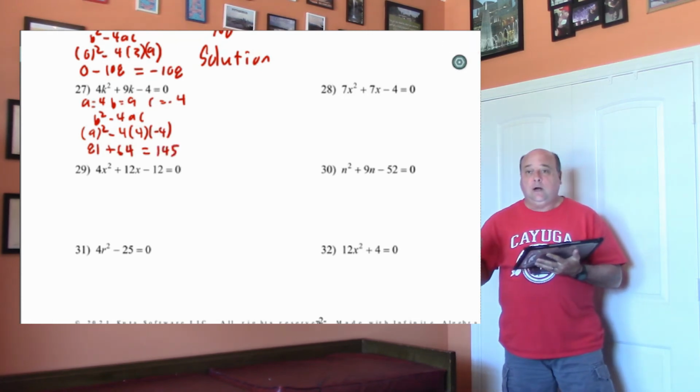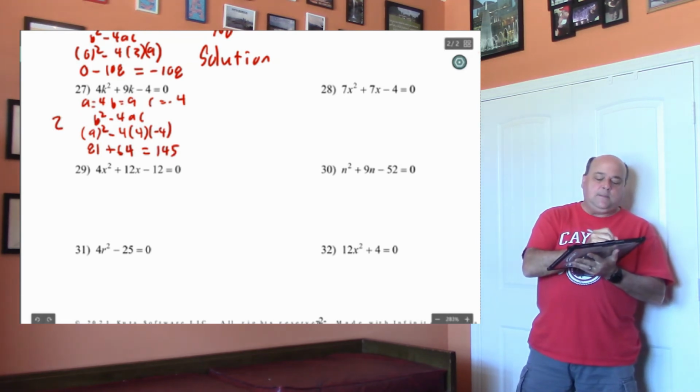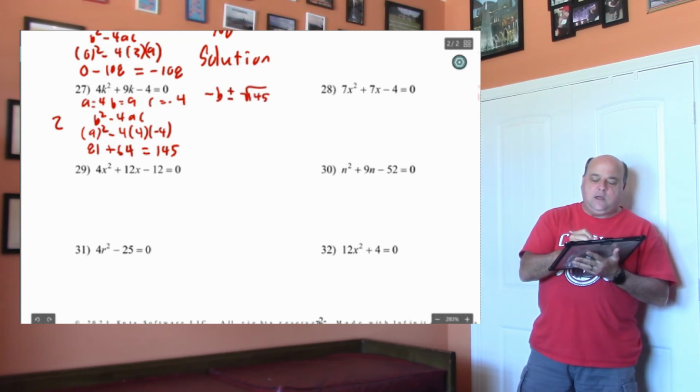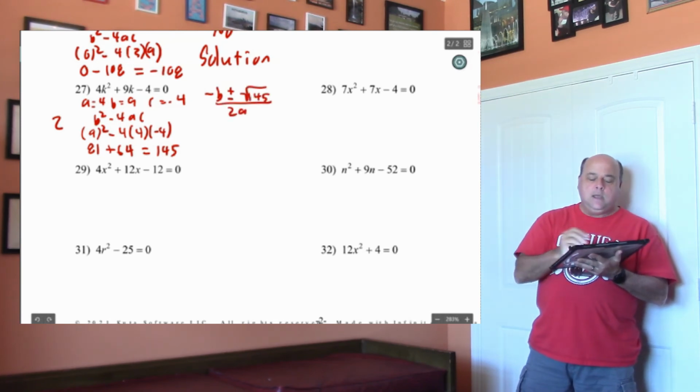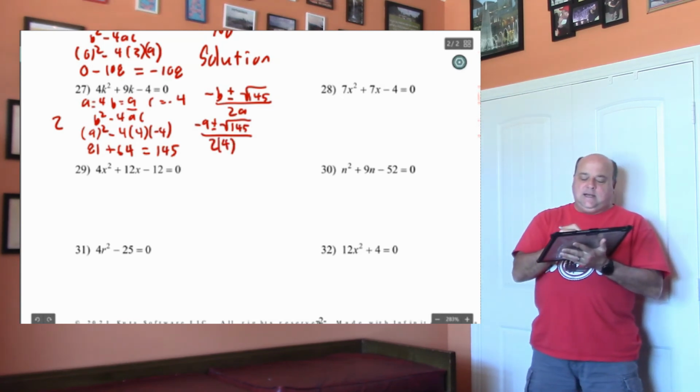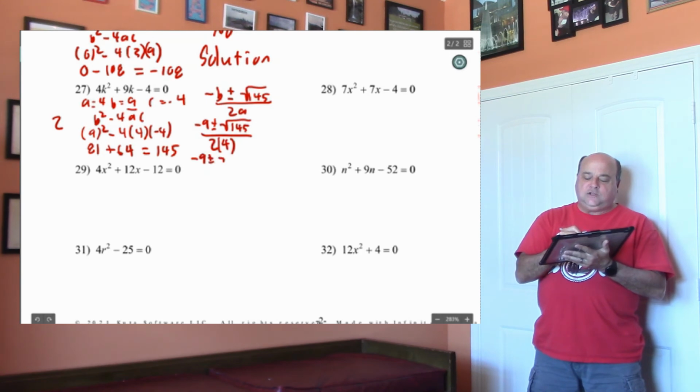That's my discriminant, right? The discriminant's positive. I'm going to get 2 zeros, aren't I? Now I'm going to write down negative b plus or minus the square root of 145 all over 2a. My b is 9, so negative 9 plus or minus the square root of 145 all over 2 times 4. This is going to turn into negative 9 plus or minus the square root of 145 over 8.